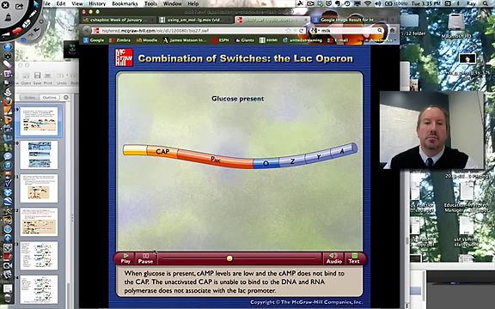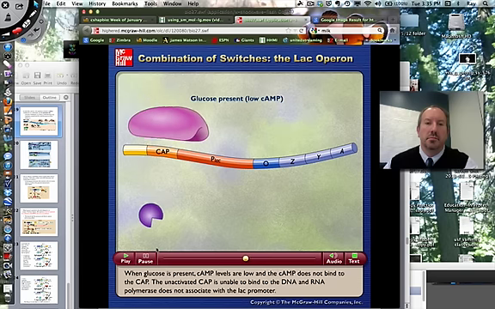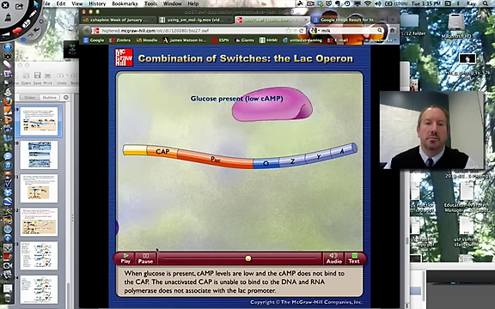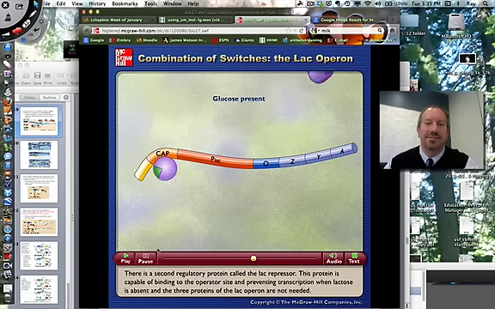When glucose is present, cAMP levels are low, and the cAMP does not bind to the CAP. The unactivated CAP is unable to bind to the DNA, and RNA polymerase does not associate with the Lac promoter. Kind of sad. There is a second regulatory protein called the Lac repressor.